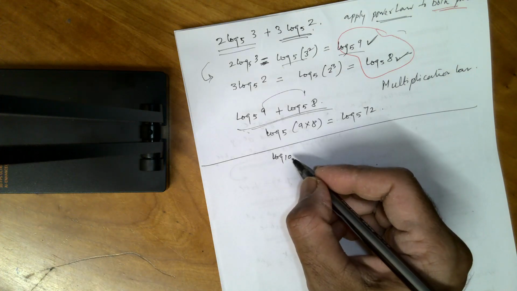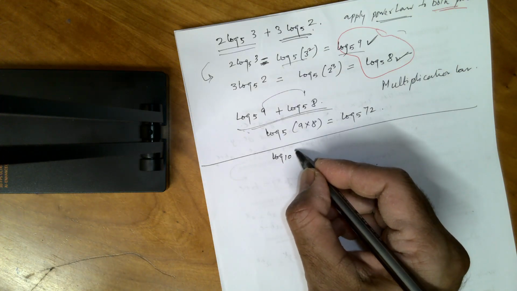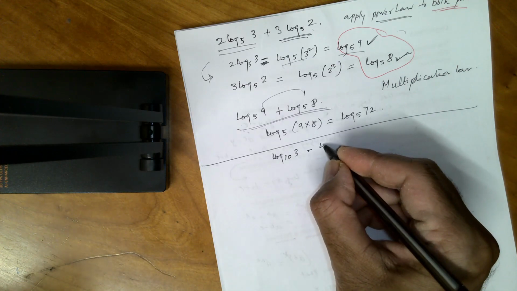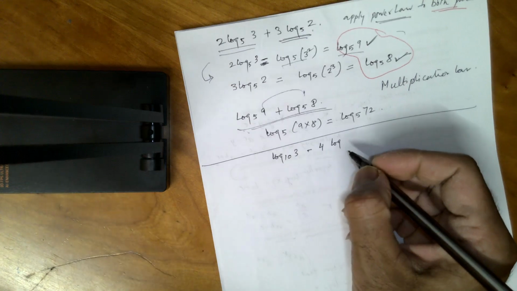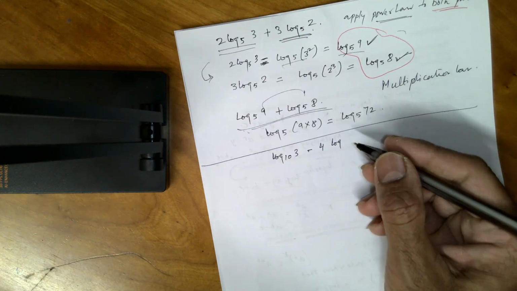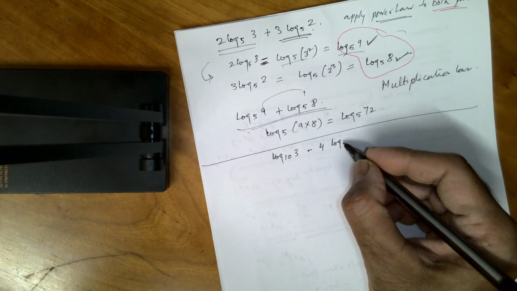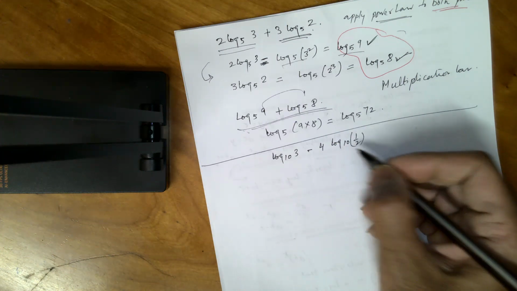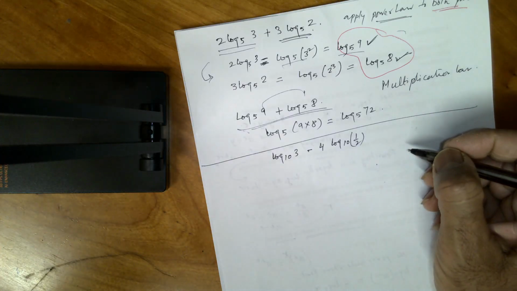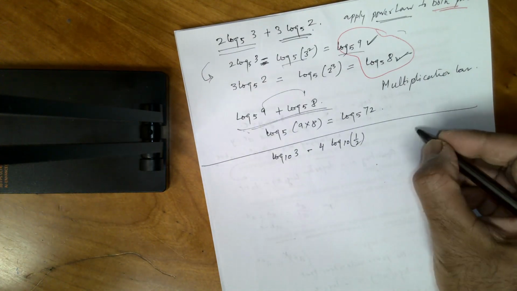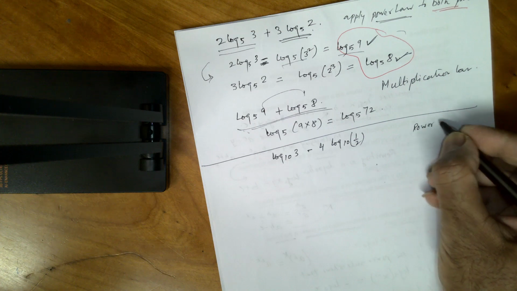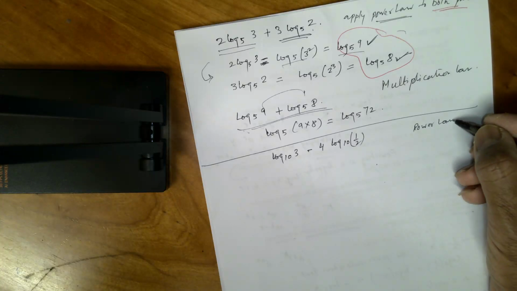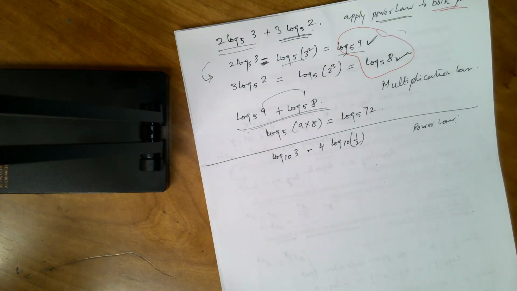So logarithm of 3 to the base 10 minus 4 logarithm of half to base 10. This time it's a bit different. The number is a half, right? So first what we do is the power law. So do the power law first.